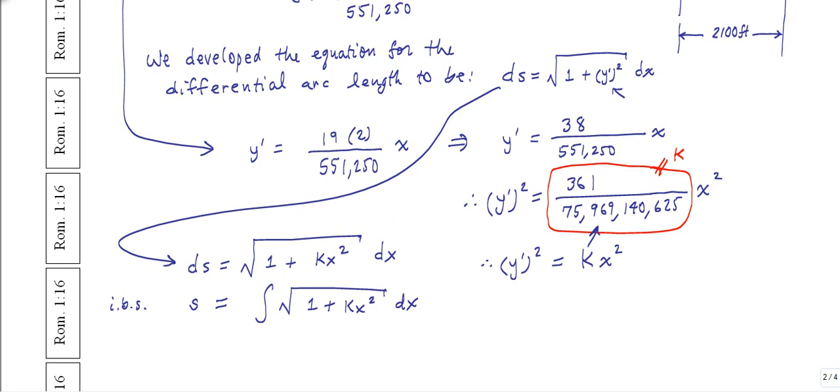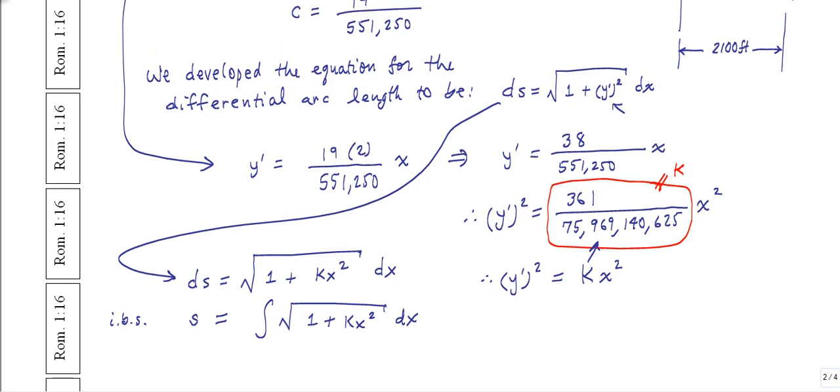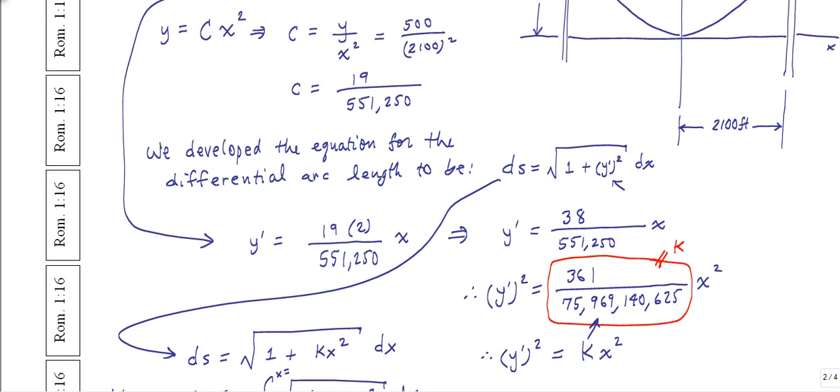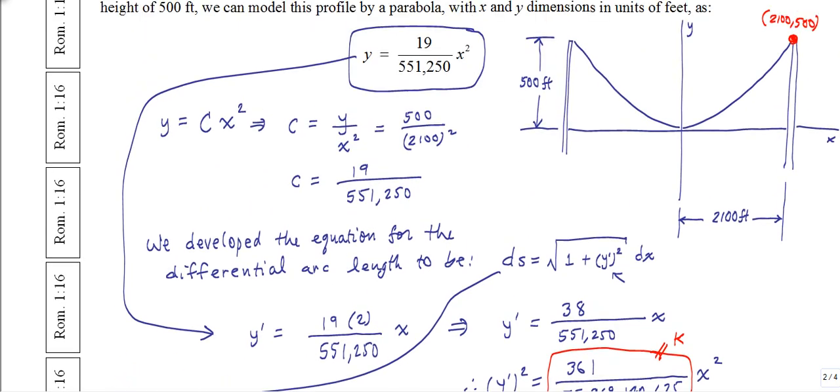Now we want to be a little bit careful for one reason. If I do my integration where x is going to vary between a couple of limits here, and this is the way I would prefer to do it, I would like to do my integration starting here at the origin and going out to this tower to the right. So I'm only going to find s to be this arc, okay?